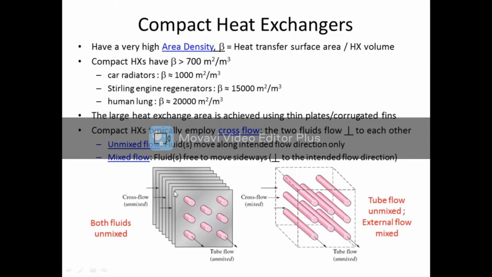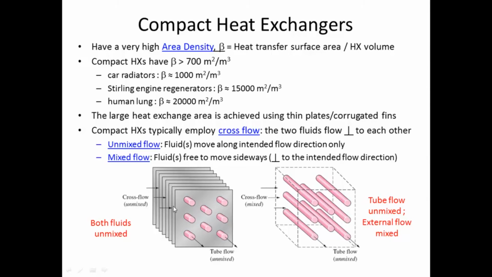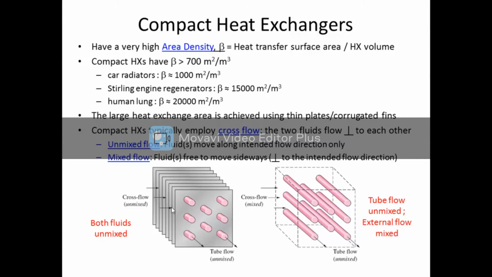In this case, for the external flow, these fins or plates are provided which allow the external fluid to flow only in the left right direction. They don't allow the fluid to move along the tubes, that means perpendicular to its intended direction. So we say both the tube flow and the external flow are unmixed in this case.